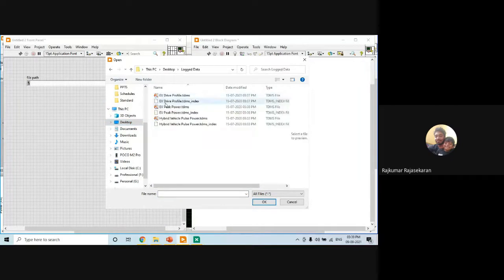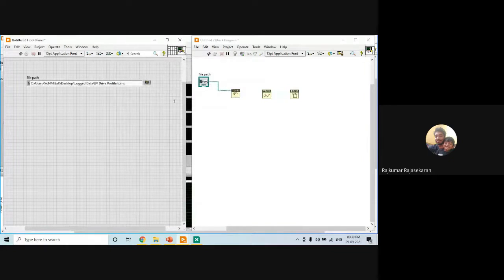I have this log data here as a sample drive. And if you see here, I have other options like what kind of operation I need to do: whether the data is being fetched from the existing file, or maybe I can also run some tests and log the data inside the file as well.